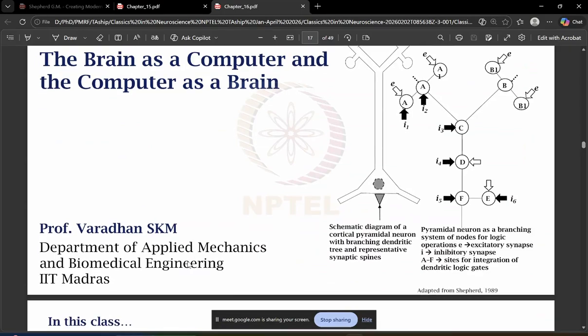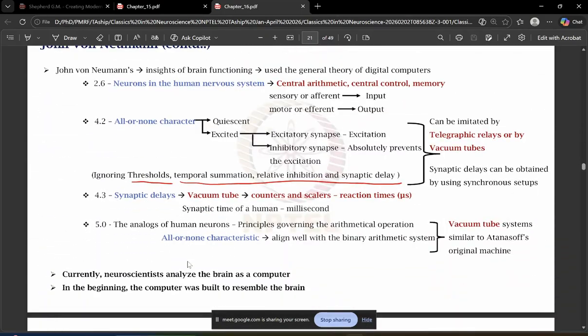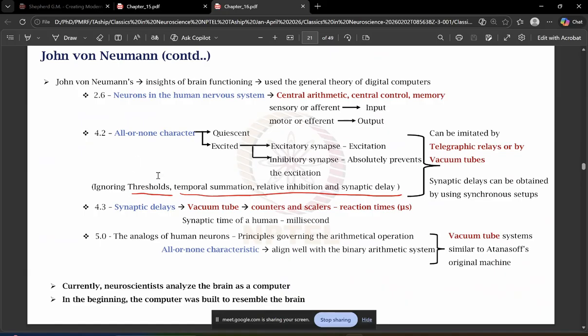It is because in his text, this is what he described. First, he described the role of neurons in the human nervous system and how sensory or afferent neurons are akin to input, whereas motor or efferent neurons are akin to output. Similarly, he said that a digital computer should also have an input and an output.